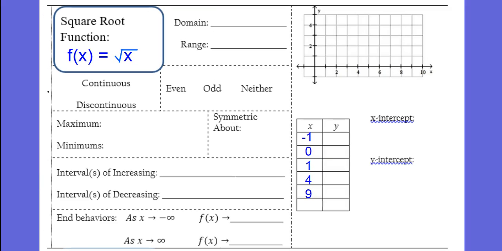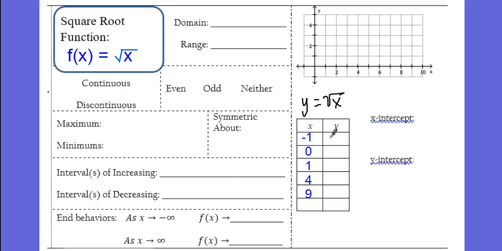Okay. Here we go. Last one for this side of the sheet, the square root function. And let's go a little bit quicker, okay? So I've asked you for f of x equals the square root of x. And I've given you these values for your x: negative 1, 0, 1, 4, and 9. So y is equal to the square root of x. And I want you to, even though you know, plug the square root of -1 into your calculator. Do it.